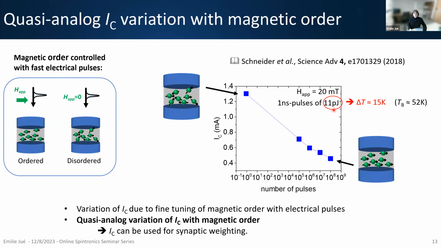However, even if we consider that the entirety of the pulse energy was transferred to heating, this difference of temperature will not be large enough to explain the reorientation of the magnetic clusters, since it is way below the blocking temperature. So here, just wanted to point out that there is a mechanism that we don't understand well, and I'm going to mention it again in a few slides.